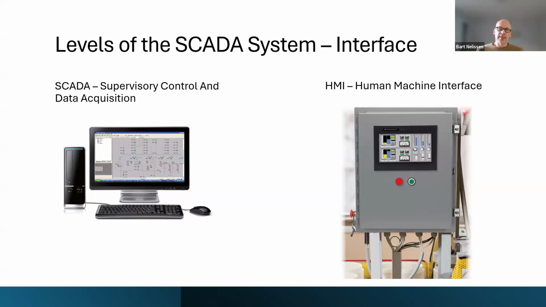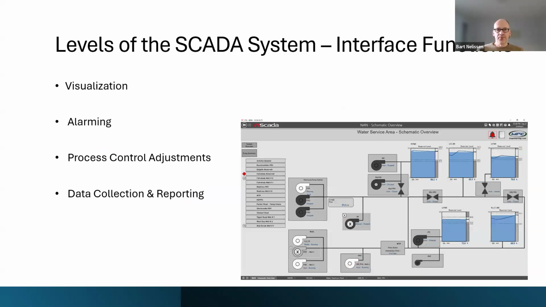So that last layer, that top layer of those four, that interface is completely designed to provide a user-friendly interface for operations. So what functions does it have? Well, there's typically four, and these four are, like I said, the user-friendly interface. So it's a visualization tool.